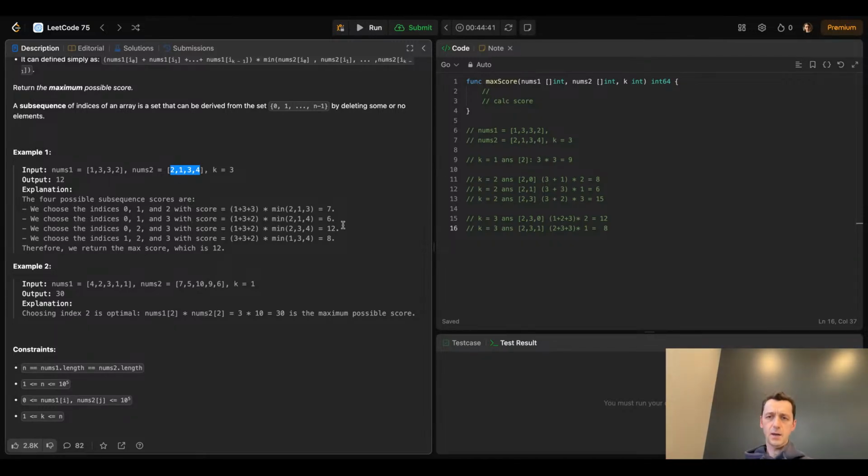Okay, let's play with sorting. What if we sort these? Essentially we'll take the maximum number from nums2, and then take the corresponding number from nums1.